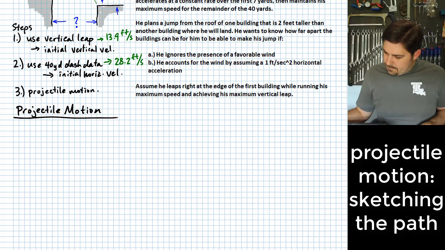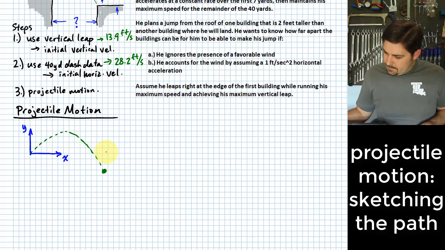Okay, and again, it's often really nice to go ahead and draw a little graph of what you're talking about, whatever kind of motion it happens to be. It's nice to make a little picture that shows what that is. Here's what he's doing. He's making a leap, and he's going to land somewhere. So he goes to this final point.